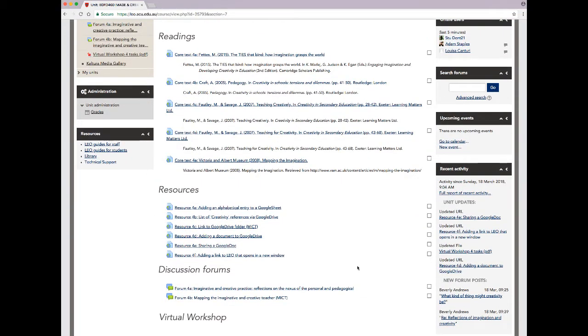The thrust of this week is that we're creating a Mapping the Imaginative and Creative Teacher protocol, and we're using the acronym MICT for that.